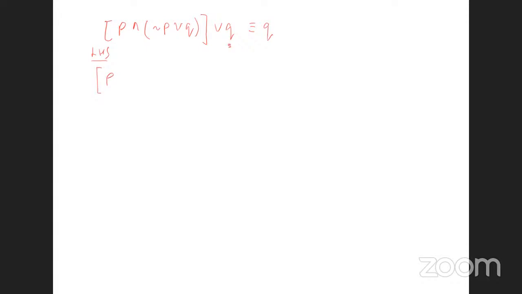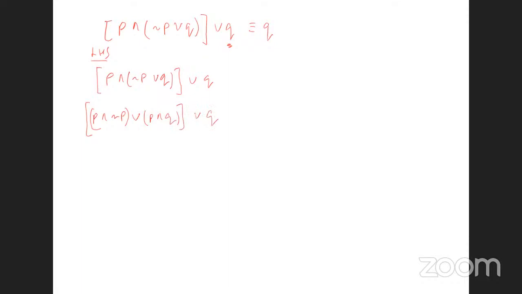So that is P and the negation of P or Q. If we expand inside there, using distributive law, we get P and the negation of P, or P and Q.